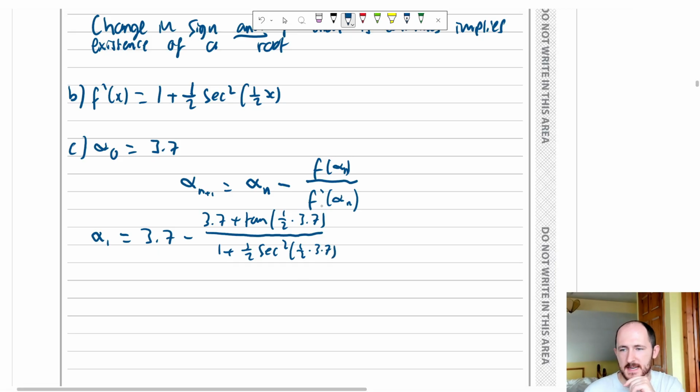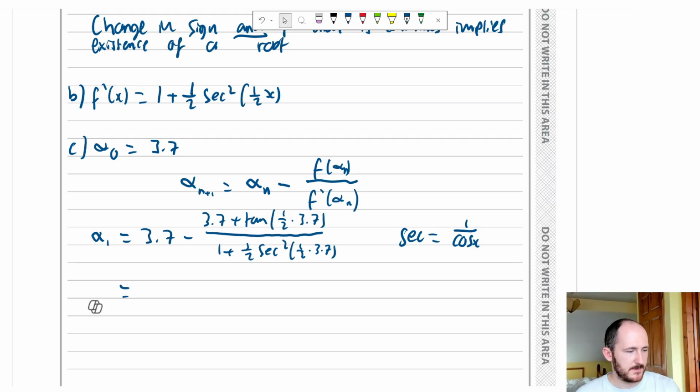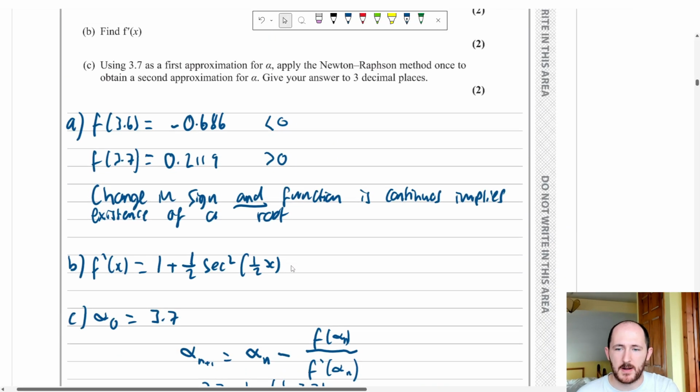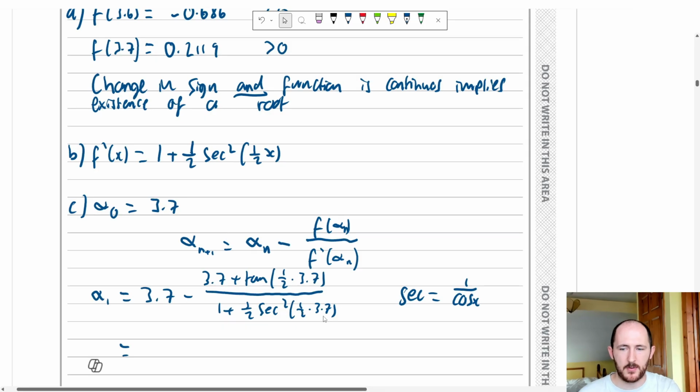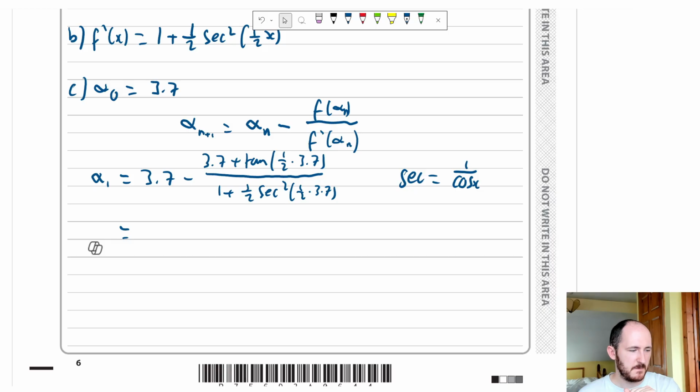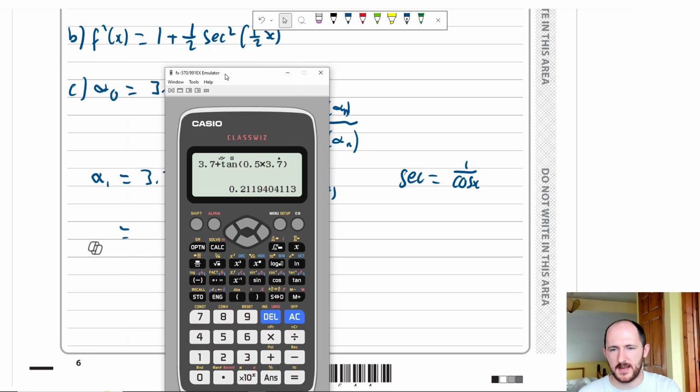Wonderful. And remember that sec is 1 over cos, so we can sub that into our calculator nice and easily. Let's do it. The other thing you could do is sub the 3.7 in separately into those two expressions, get the answers and then sub them in, but I want an exact answer.